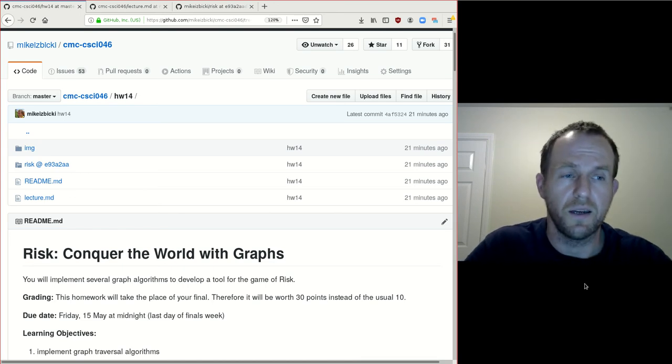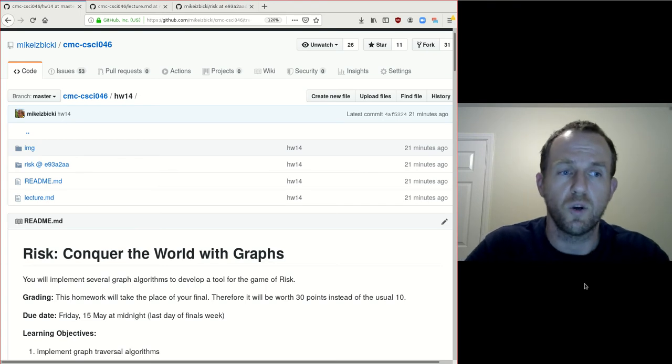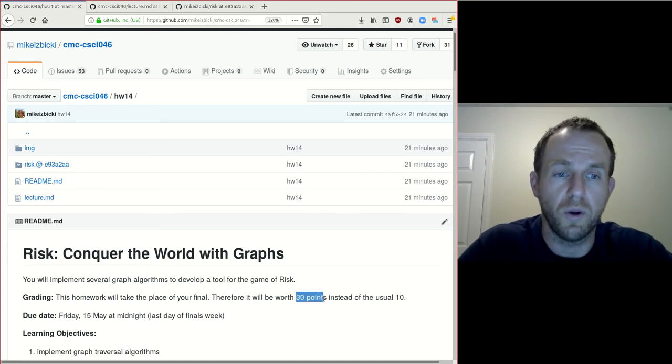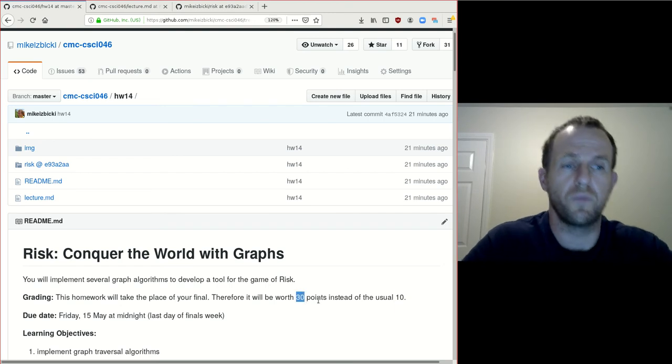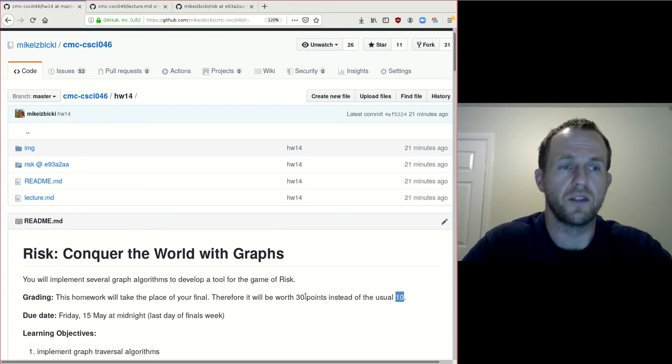One last point about grades is that this last homework assignment is going to be worth a little bit more points than your previous homework assignments. It'll be worth 30 points instead of 10 points. So that 30 points comes from the 10 points from the normal assignment points, and then the 20 points that would have been towards the final are getting incorporated into this assignment.